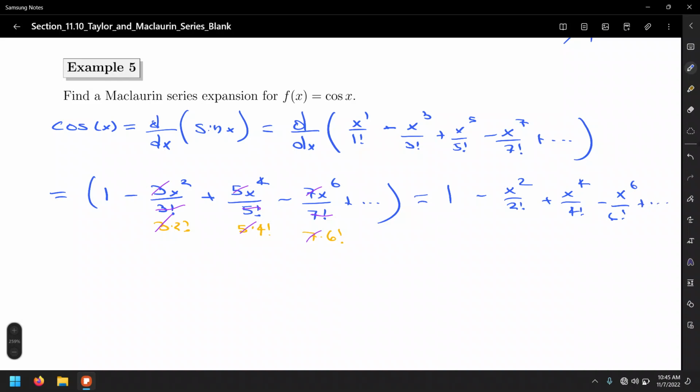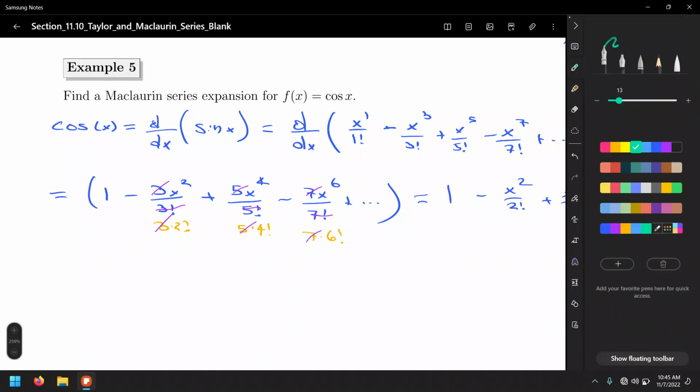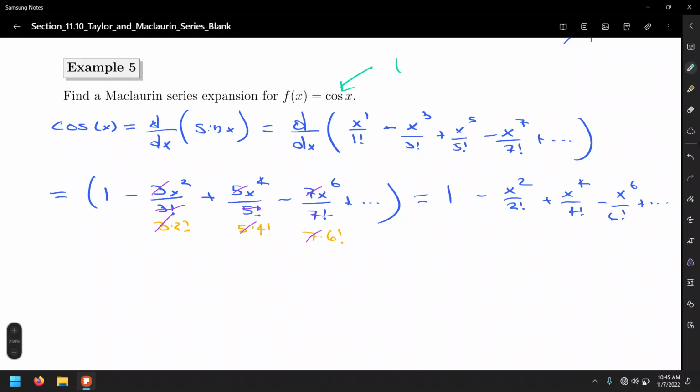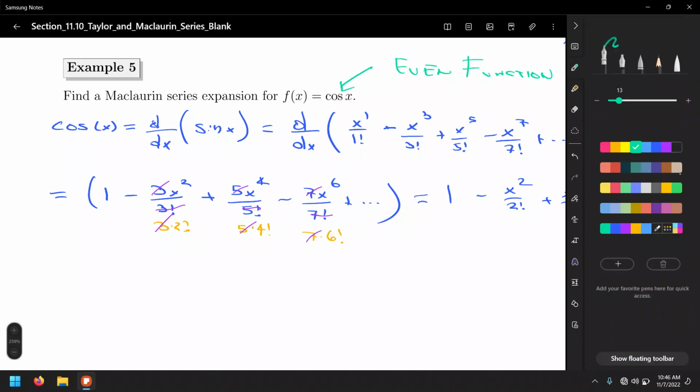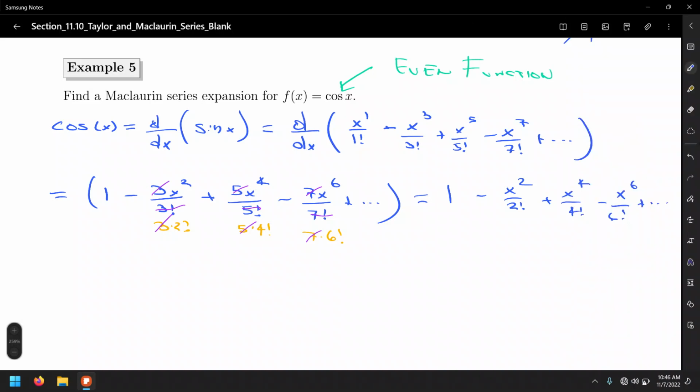And in a similar way, we're going to find a power series in sigma notation for the cosine function. And well, notice the pattern, notice the powers, notice the factorials. This time we have even powers and even factorials. That's because, what do we know about the cosine function? Isn't that an even function? So this time we're talking about evenness and not oddness.